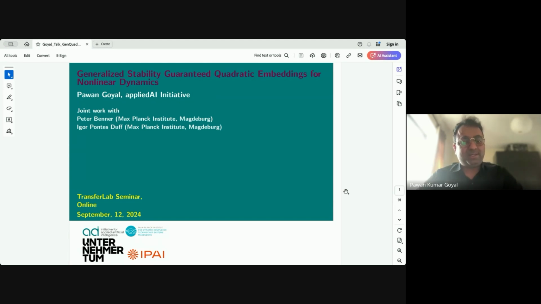Typically, we see dynamical systems almost every day in our life, and they are a very important aspect if you want to do engineering design studies or control design studies. Dynamical systems play a very important role if you want to study how the system will behave under certain operating conditions. We may want to go from point A to point B in an optimal way, or minimize some cost, or there are some design parameters which we want to optimize, or we want to see what the prediction would look like.